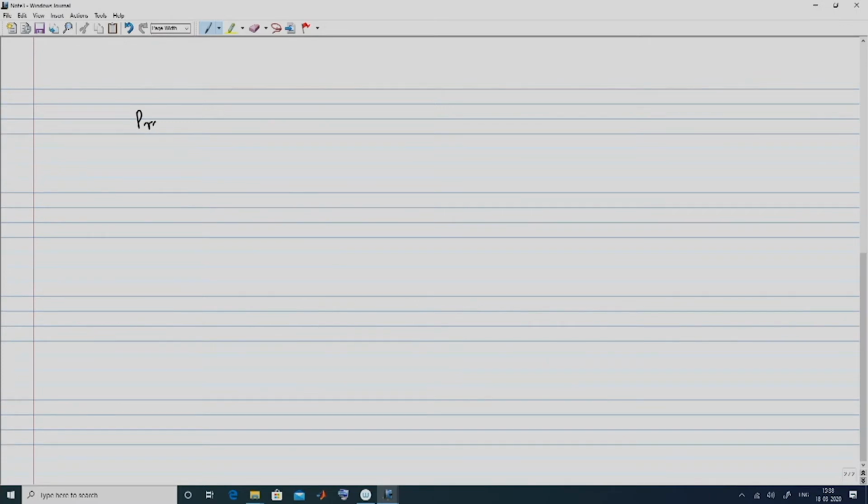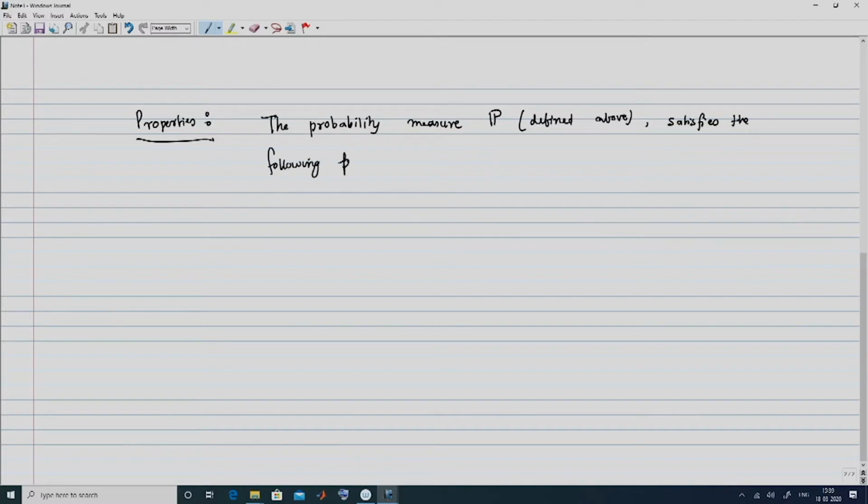So, next we look at some of the properties of this measure p. The probability measure p, which is defined above, will satisfy the following three properties.